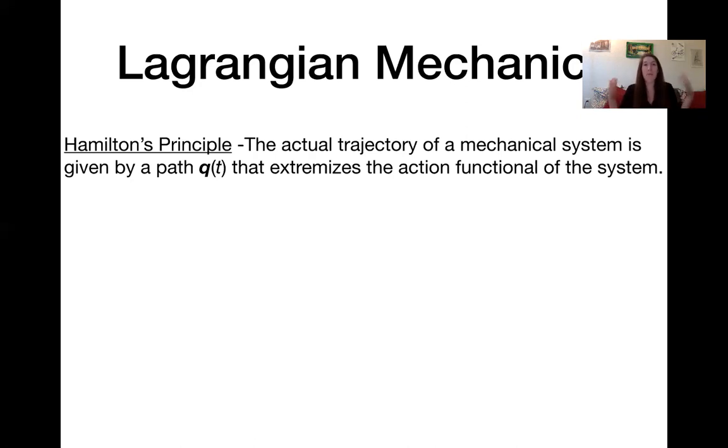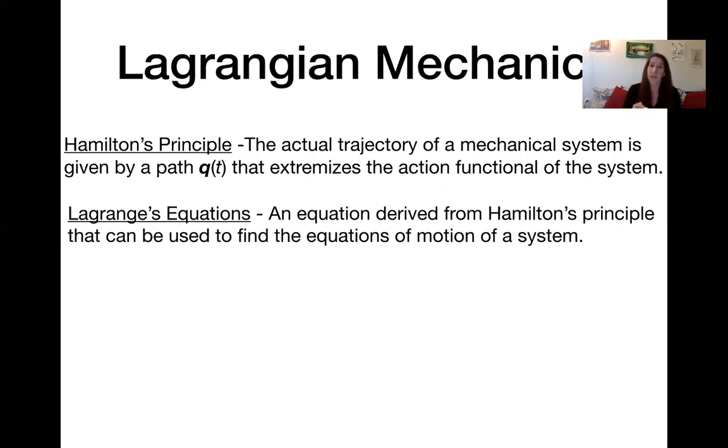So we're going to need to review how to extremize functions in order to apply Hamilton's principle, which is ultimately what we want to do. And then from Hamilton's principle, we'll be able to derive what are known as Lagrange's equations. And Lagrange's equations are really what we'll use to solve for the equations of motion of our system.